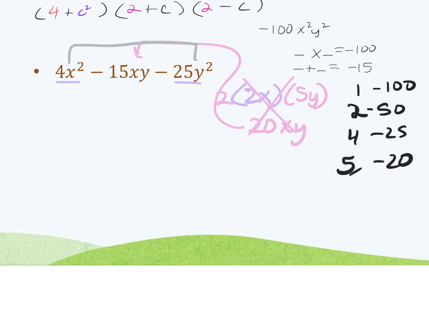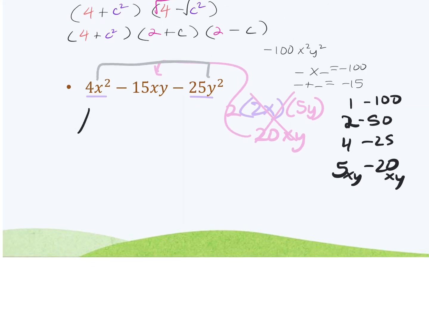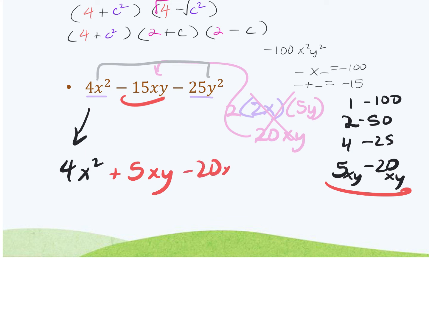And again, remember, these will have an xy with them. So now rewrite the first term, 4x squared, replace this with these two. And again, the order doesn't matter how you put them in. I can put the 5xy first, and then the 20, and then rewrite the last term.